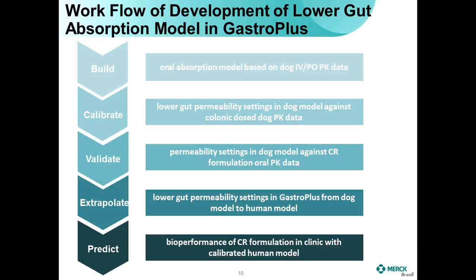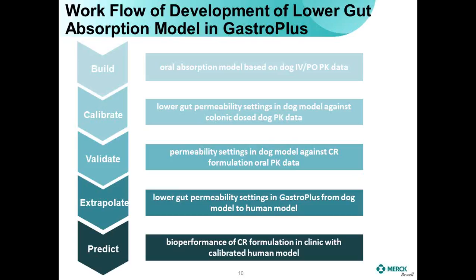So this is a general workflow of development of this lower gut absorption model in GastroPlus. The first step is to build an oral absorption model based on dog IV, PO, PK data by using GastroPlus PKPlus or Phoenix WinNonlin for compartmental PK analysis and estimating the PK parameters.